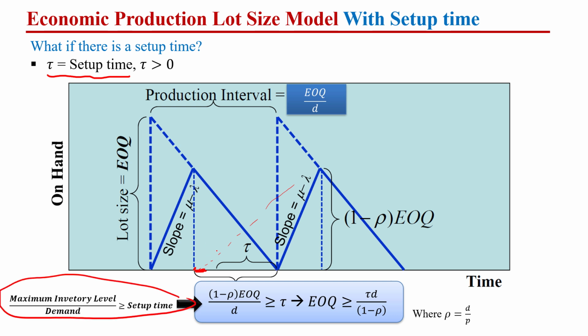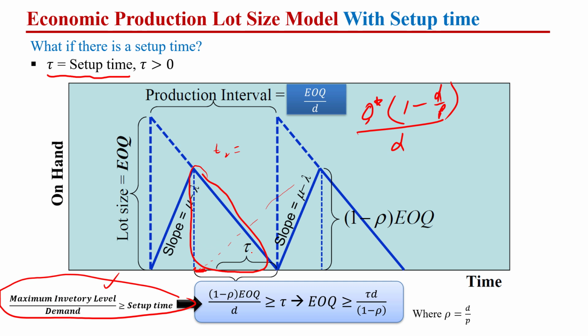It is basically the time in which we are consuming the product, which is t2. That is the maximum inventory we have, and we calculated the maximum inventory in economic production lot sizing as Q star into 1 minus D by P. This maximum inventory is divided by the rate at which we are consuming, which gives t2.